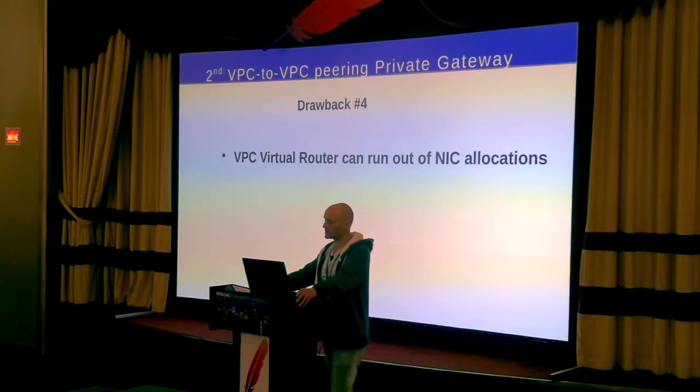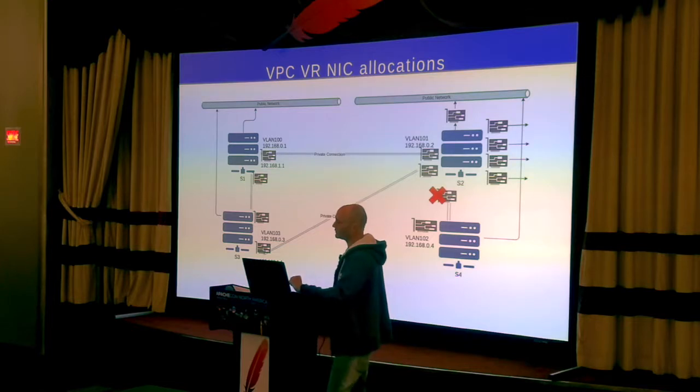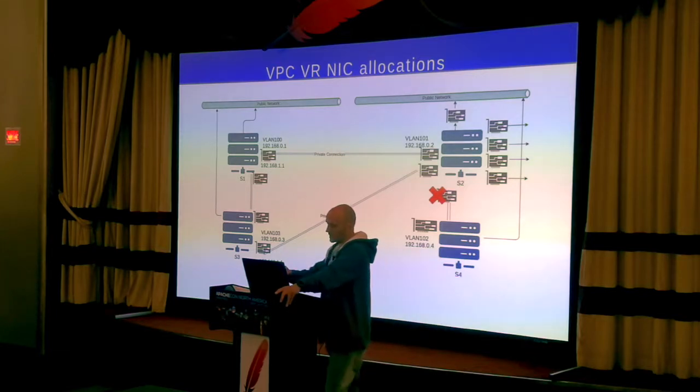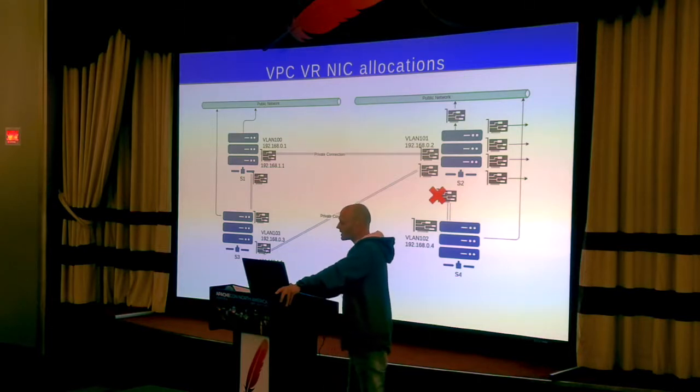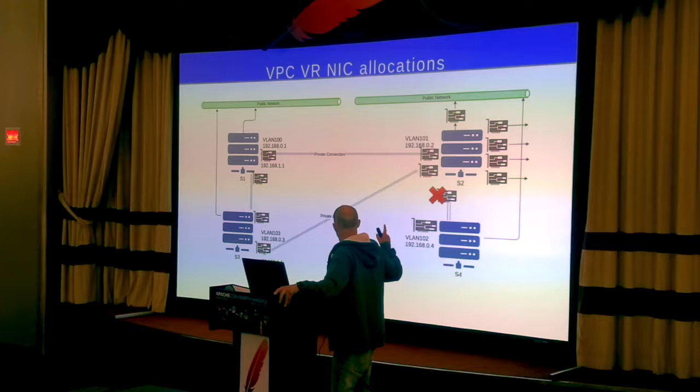This is what happened when trying to peer 4 VPCs: you start running out of NICs on the virtual router. In this case, we need 6 gateway connections, which means three NICs and VLANs per VPC private gateway on the virtual router.